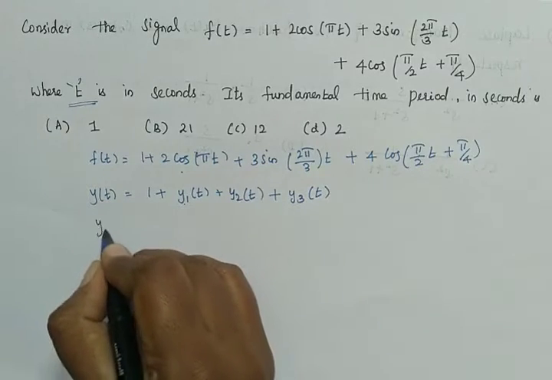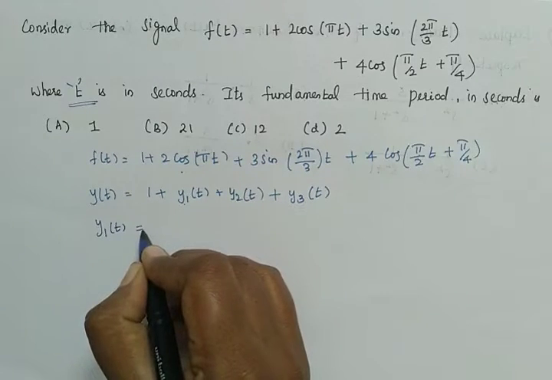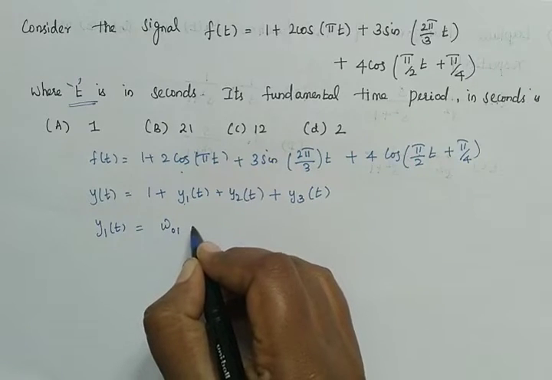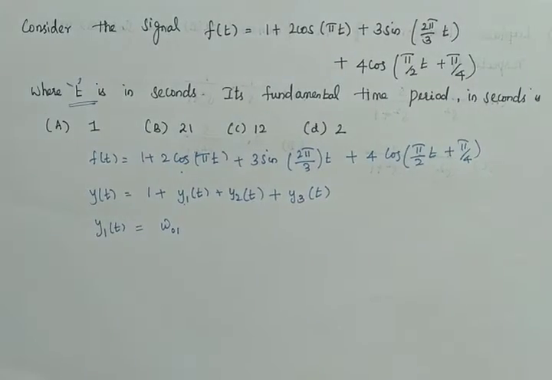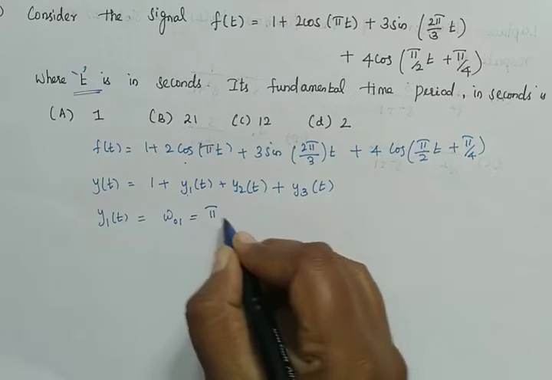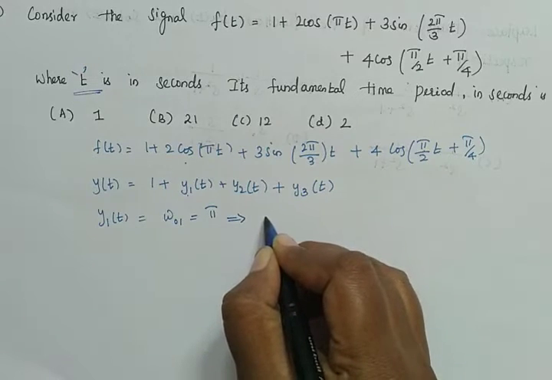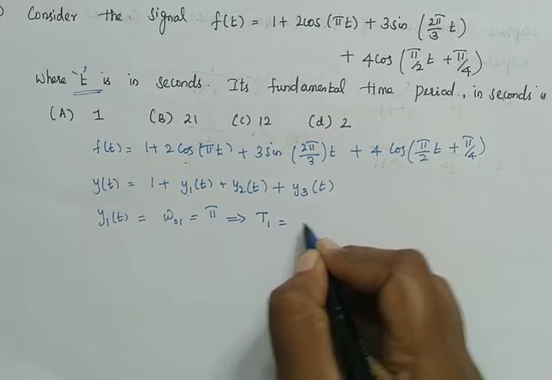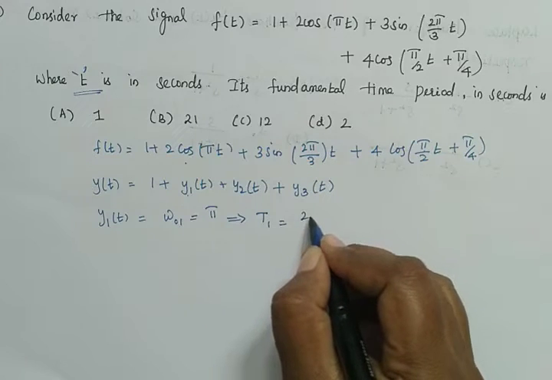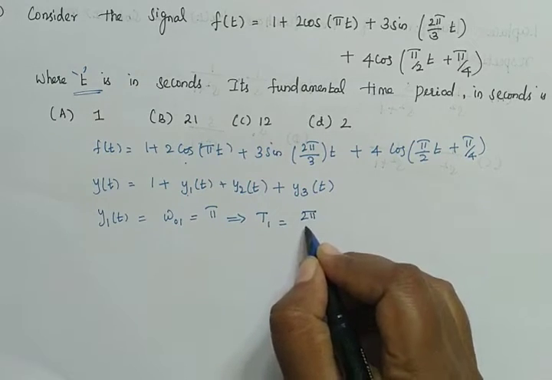Now what is y1 of t? For y1 of t, we can write the fundamental frequency omega naught 1 as pi. Since we know that omega is inversely proportional to time, we can write T1 as 2 pi by pi.